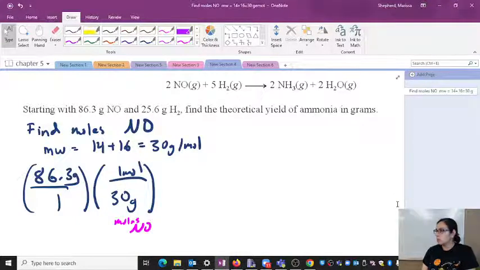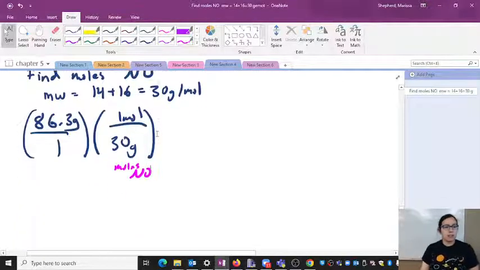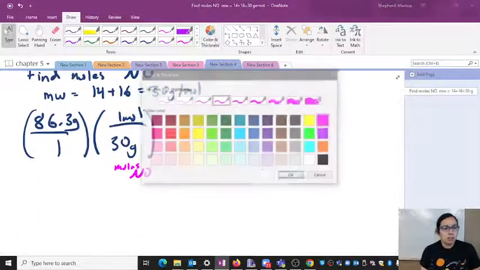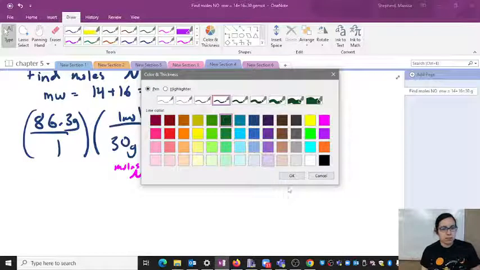Well, we also need to figure out, after we convert moles, the amount of hydrogen we have in moles. So we still haven't taken that into account. So I'll come back to this NO, and I'll just do this setup for hydrogen.